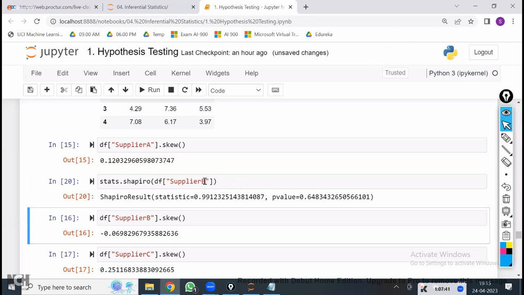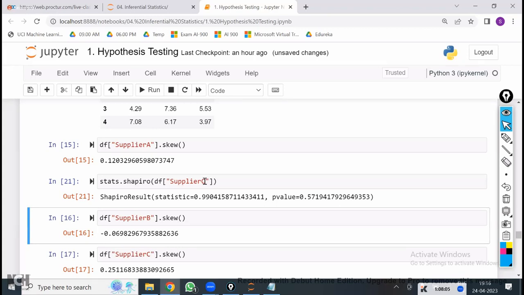Based on the p-value, either accept or reject the null hypothesis. Everything is common, only normality is not there. Remaining everything is common. Directly you can proceed to the test.